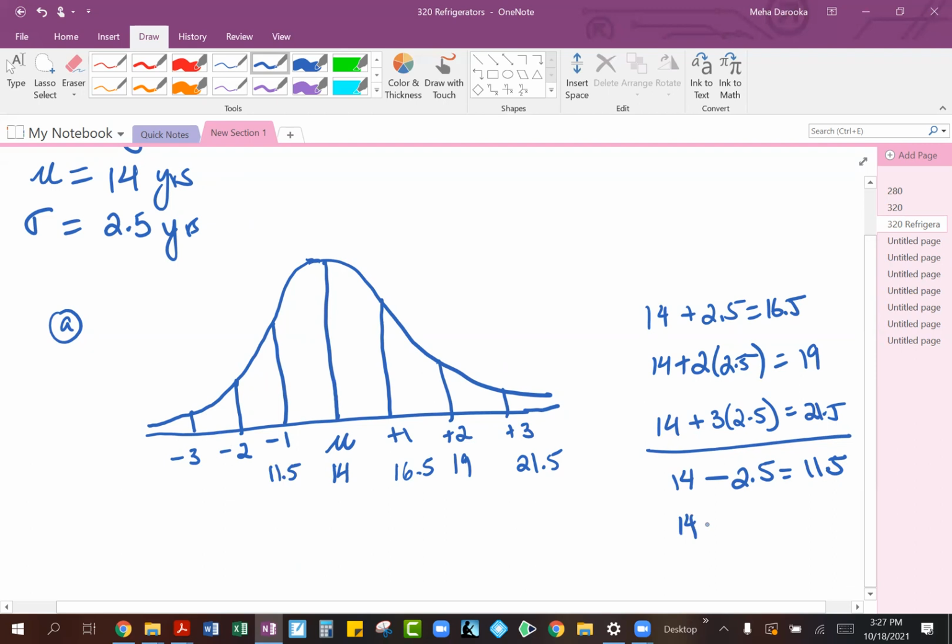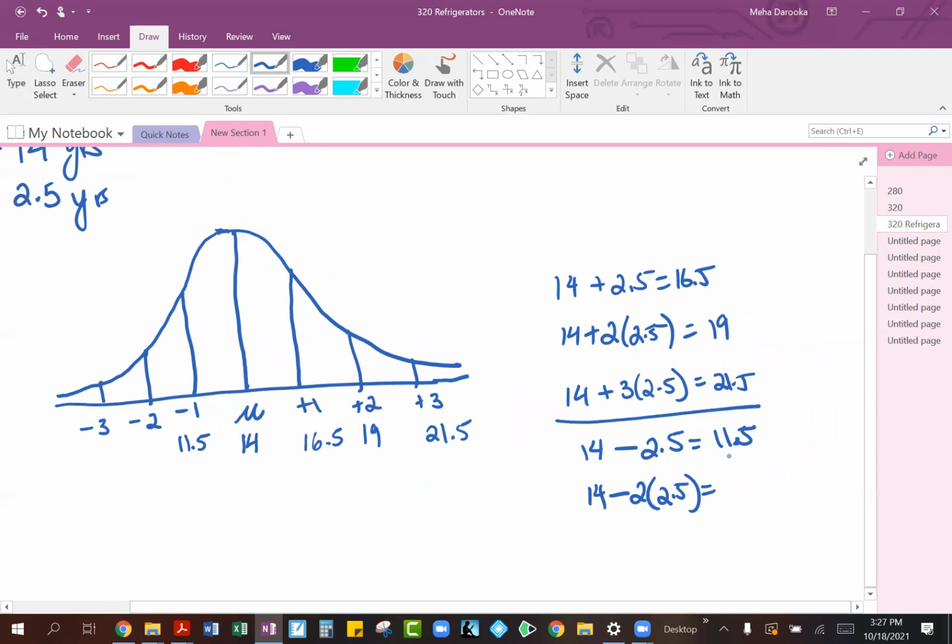And same thing, you can do 14 minus 2 times 2.5, or you can do 11.5 minus 2.5, and that will give you 2 standard deviations below the mean. 9. Very good. 9. And then for 3 standard deviations below, 6.5. Very good.